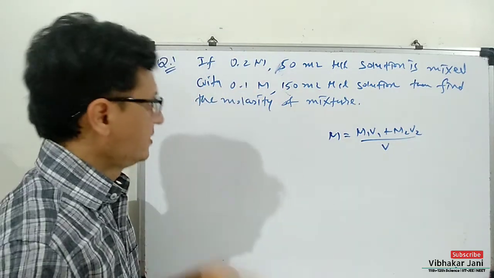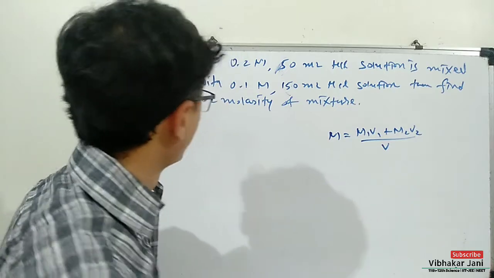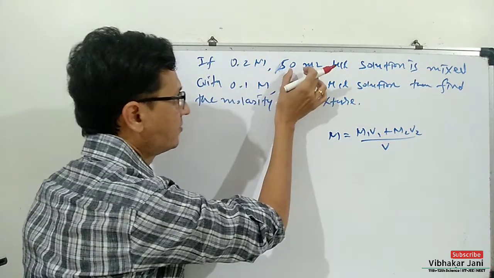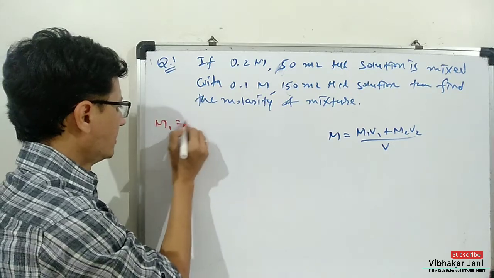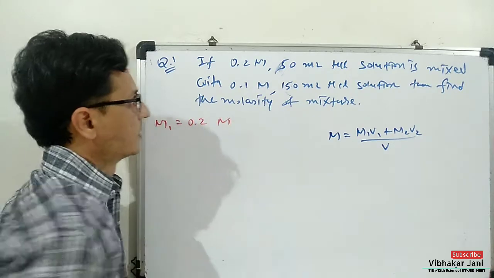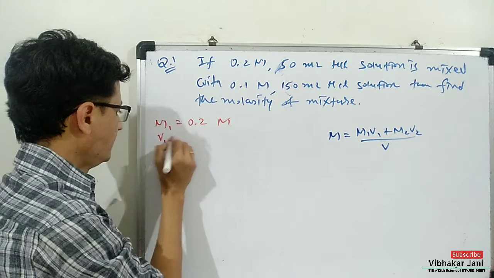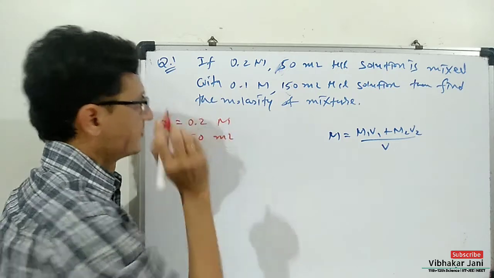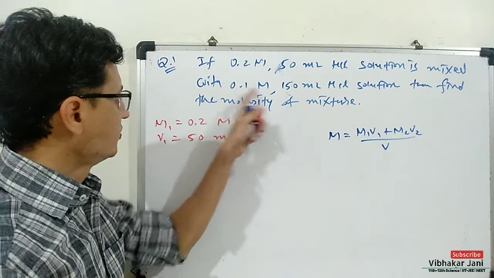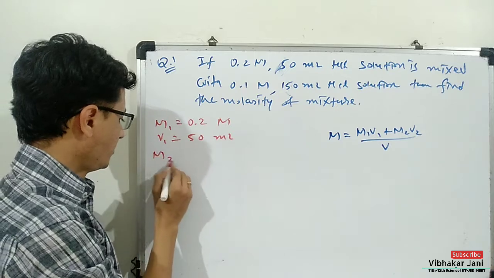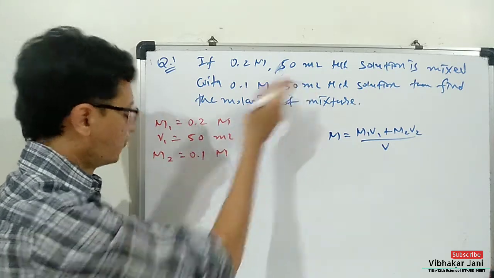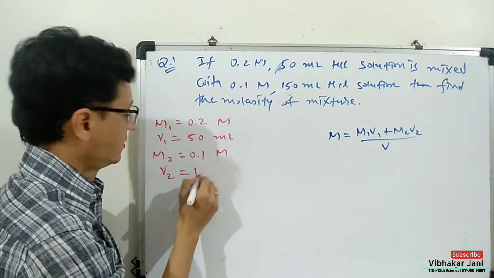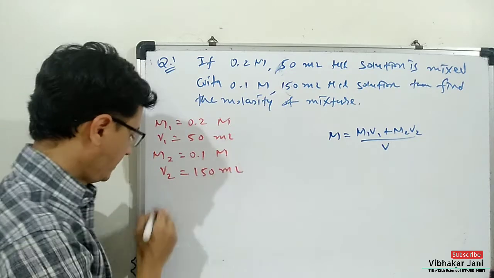So let us make a list of the given data over here. 0.2 molar, which is 50 ml, so we can call it M1, that is 0.2 molar, and 50 ml is V1. The second solution's molarity is M2, 0.1 molar, and its volume V2 is 150 ml.